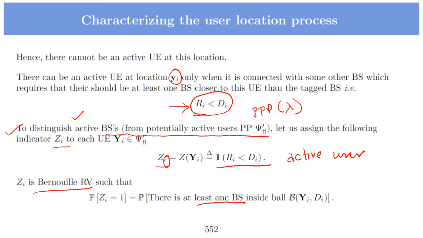In other words, this means the probability that there is at least one base station inside the ball with center yi and the radius Ti. If there is one base station, that will be the serving base station to this yi, and then the user can be active, so Zi will be 1.